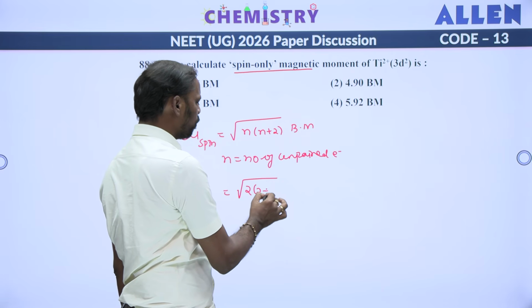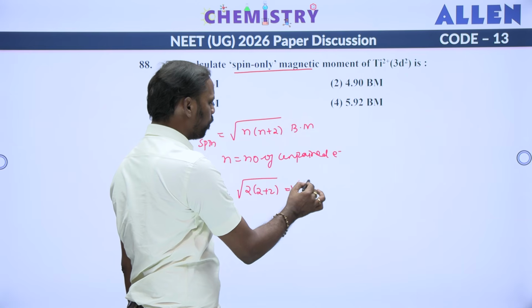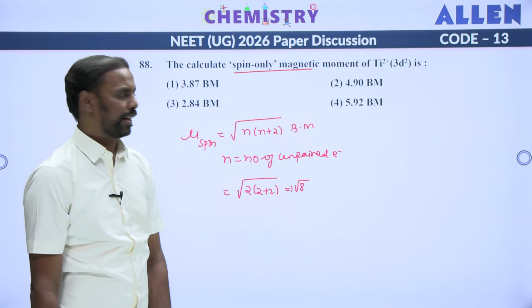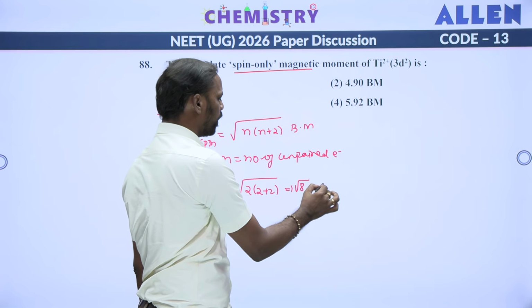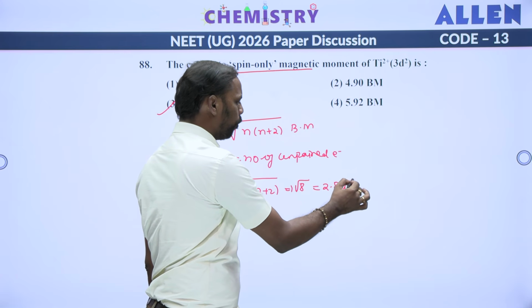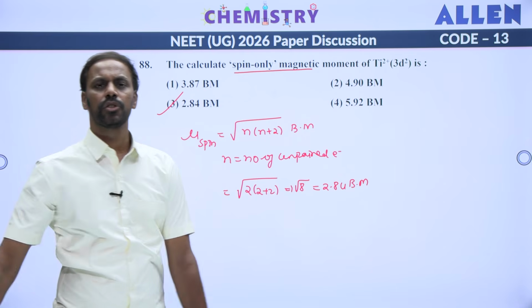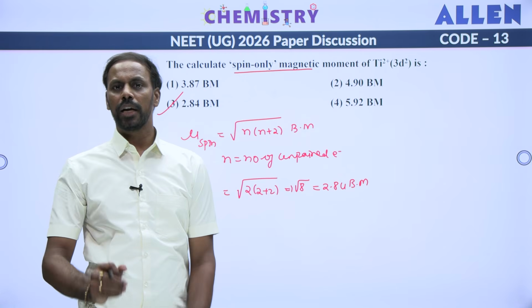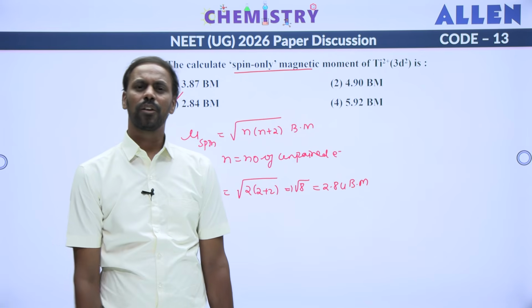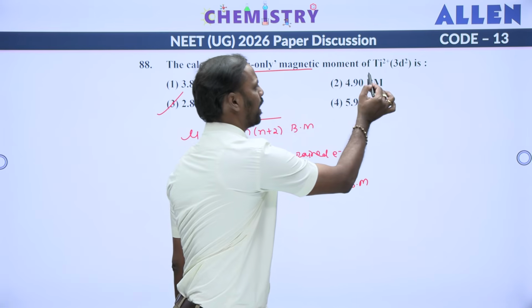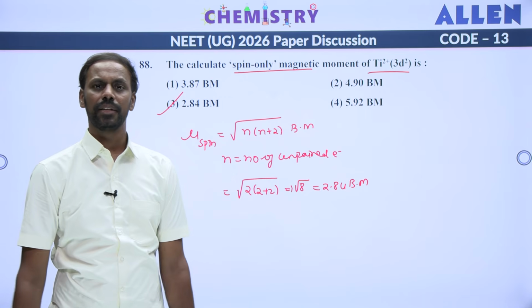So that means 2 into 2 plus 2, that is equal to root 8, less than 3. So less than 3, there will be only one option, which one, student? 2.84 Bohr magneton. So this question is from d and f block elements. Even we will study this in coordination chemistry, but with respect to metal ion, that is d block elements information.